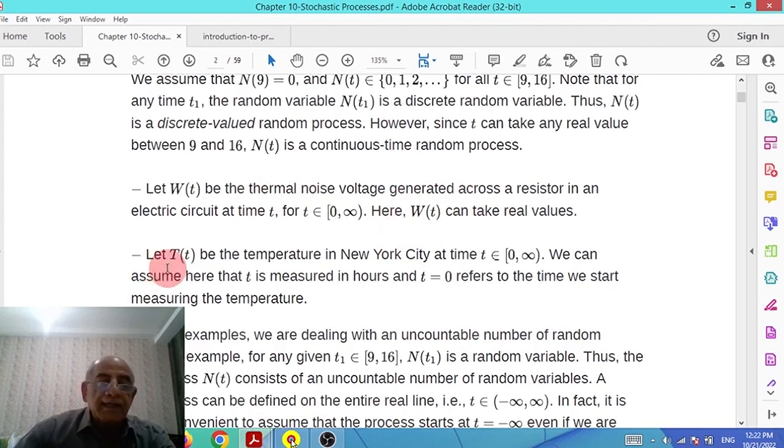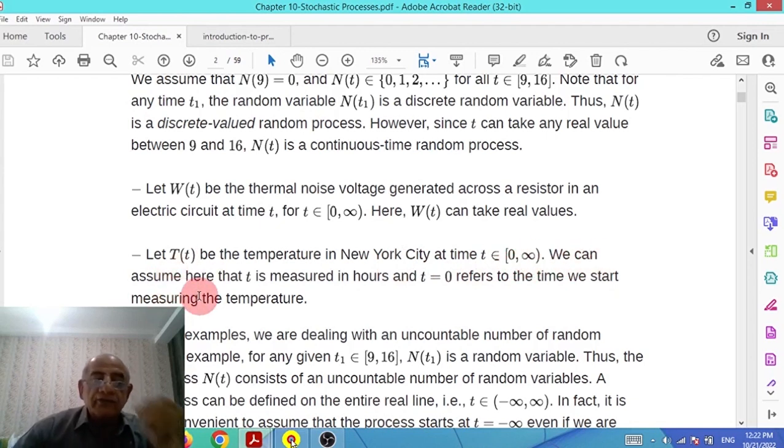Okay, let T of t be the temperature at a city, the same as New York, at time t belonging to 0 up to infinity.